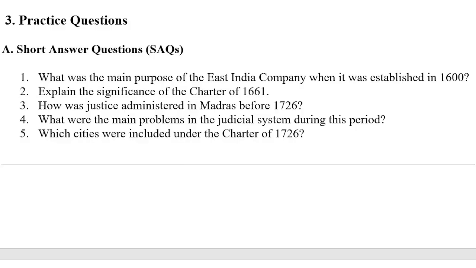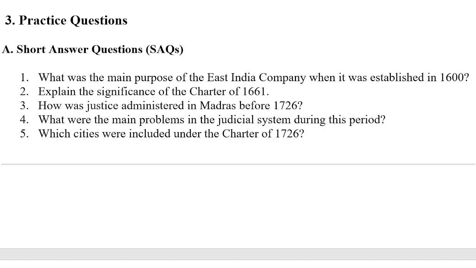And how was justice administered in Madras before 1726? Let's look for the answer. So we'll have to look at the limitations. Before 1726, there was no separation of powers. The executive and the judicial functions overlapped.